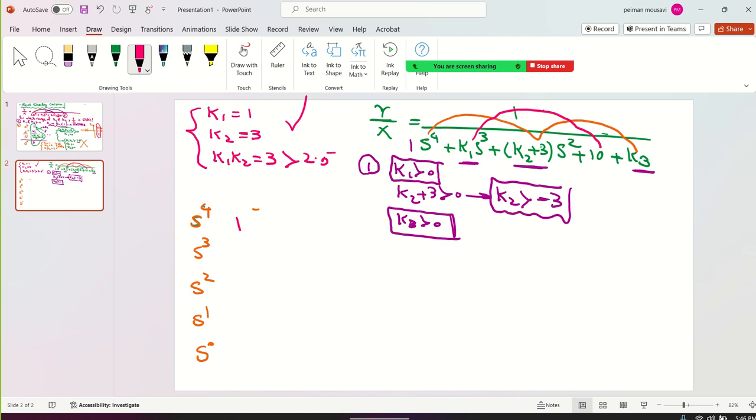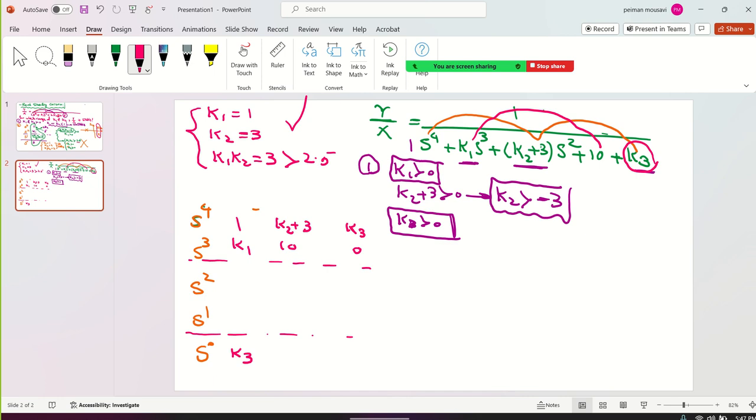Writing here is going to be 1, K2 plus 3, K3, and the second line is going to be from here again, K1 and 10. Obviously here is 0. You know the last line coming from here, K3 always.